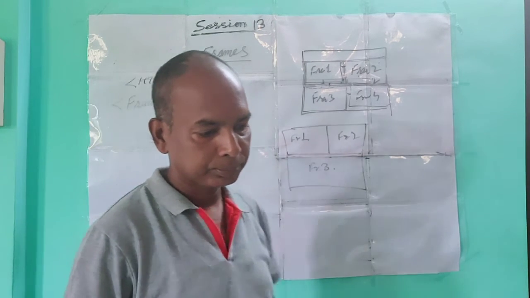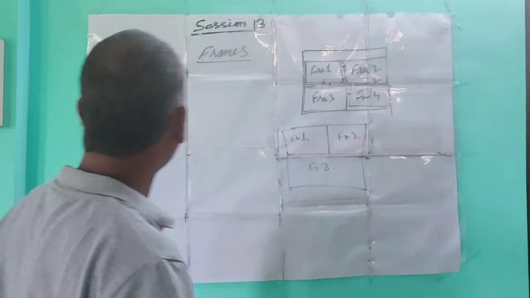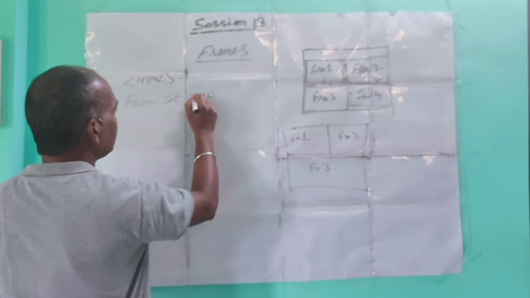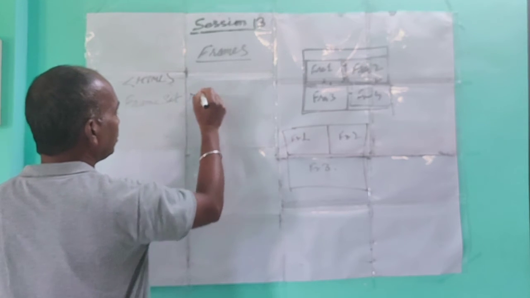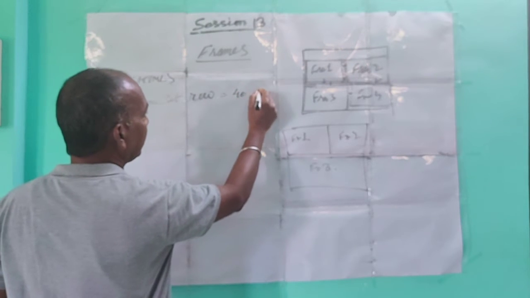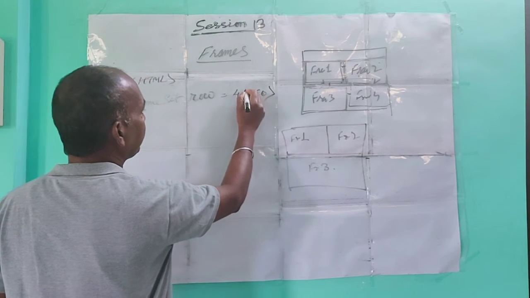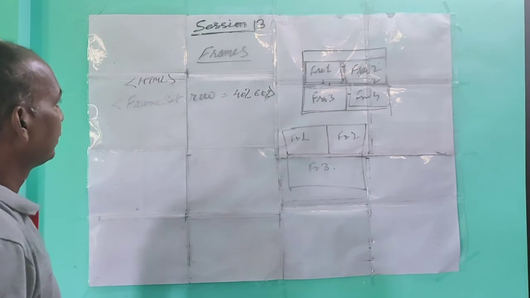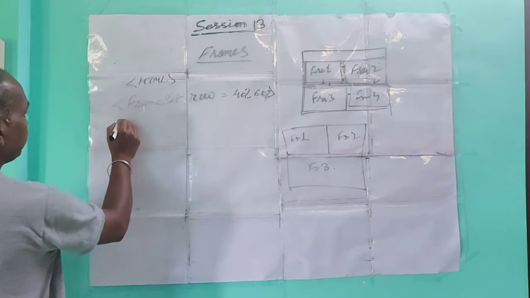At first we create two rows, that is frameset rows equals to 40% and 60%.